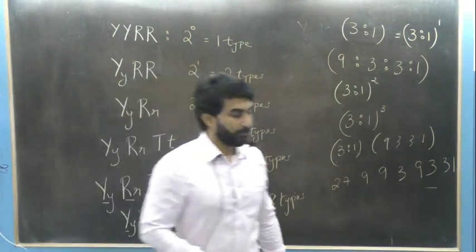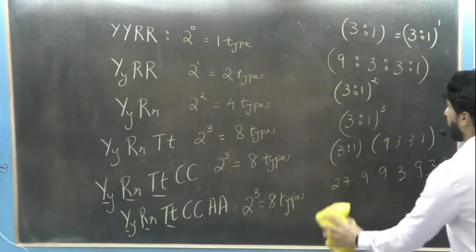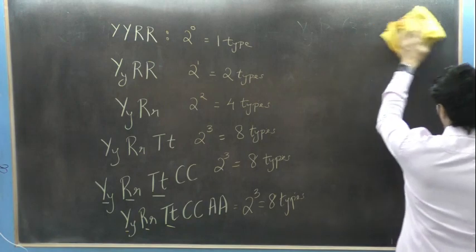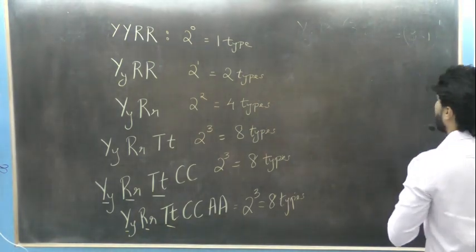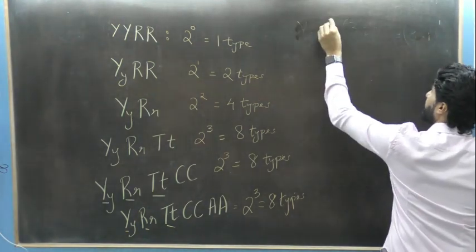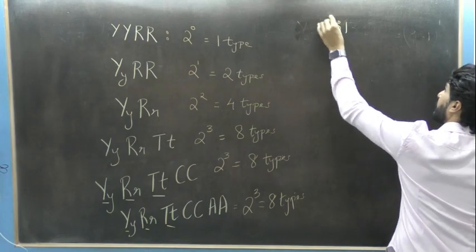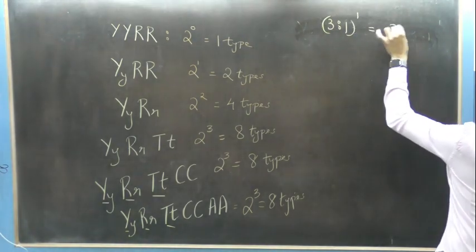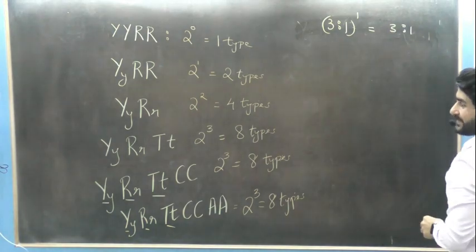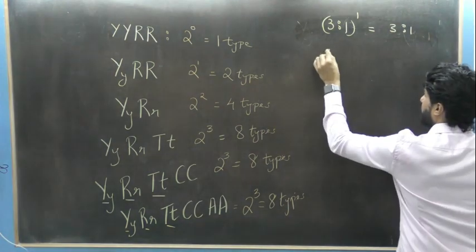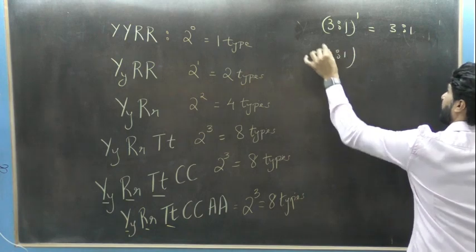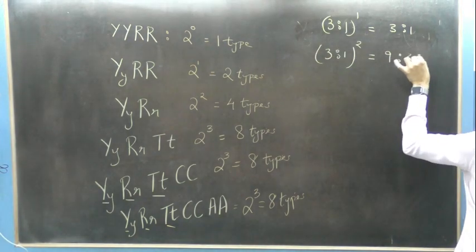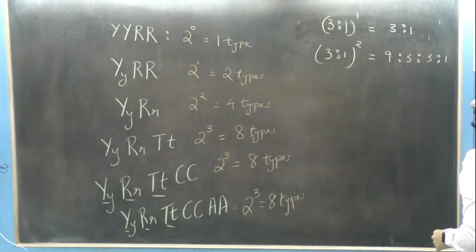Moral of the story: what is your monohybrid ratio? If they ask, you will say the monohybrid ratio is (3:1)^1, which is nothing but 3:1. If they ask what is your dihybrid ratio, you will say (3:1)^2, which is nothing but 9:3:3:1.